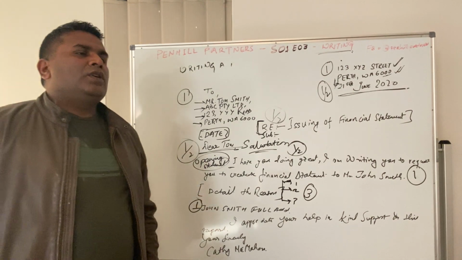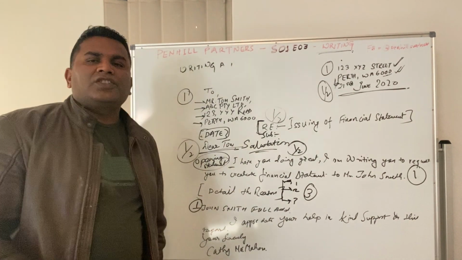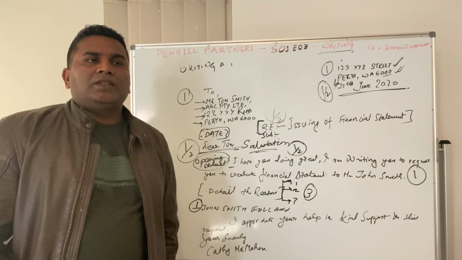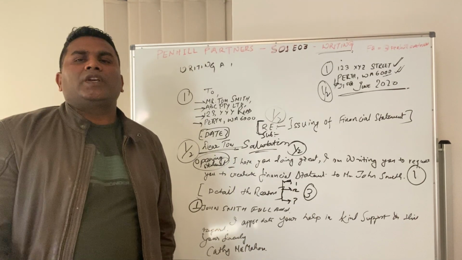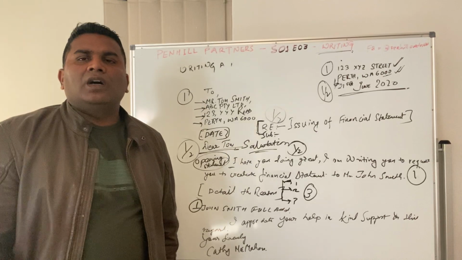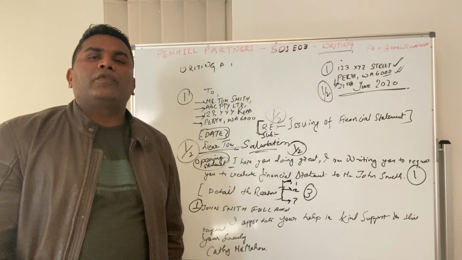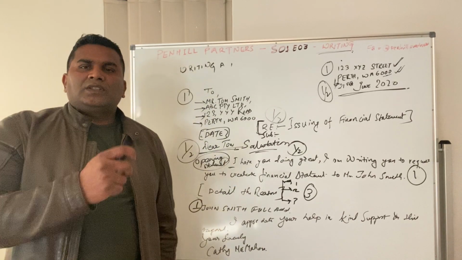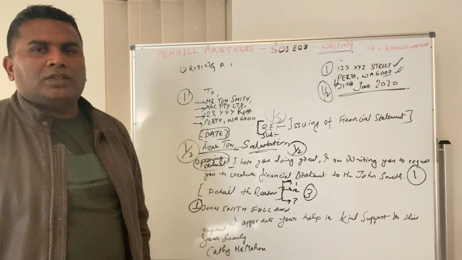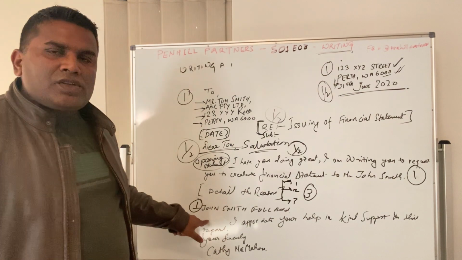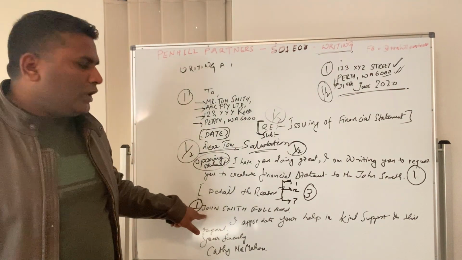So you give Mr. John Smith, XYZ Private Limited, 246 Street, Perth 6000, WA 6000, and then you give his phone number, then his email address, John Smith at XYZ company, whatever. As soon as you give this email address and the full address, you get 1 mark.